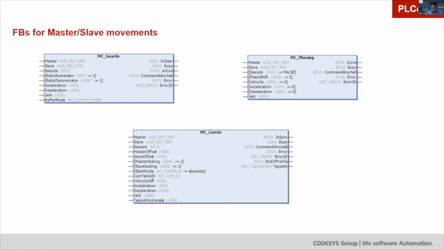It is not influenced by this function block, but the slave, this function block takes control over the slave, starts it, and according to the setting here, the numerator and denominator, and the speed after a ramp in phase again, the speed of the slave will follow the speed of the master, taking into account the ratio, of course.